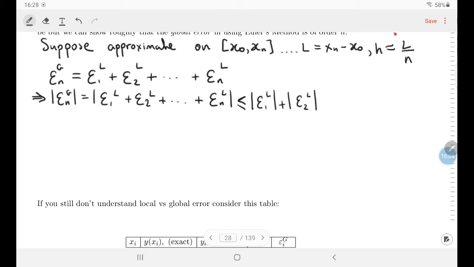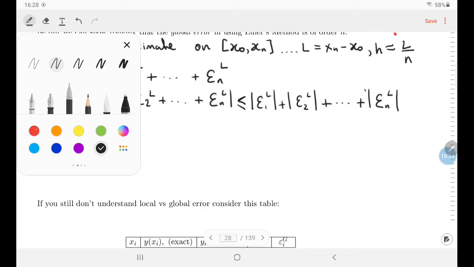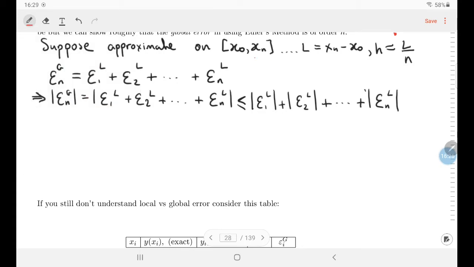I'll explain this a bit more at the bottom with an example with some raw numbers if you're a little bit lost. And what the hell is a local error? Okay, and we're approximating, what I mean by that is using Euler.